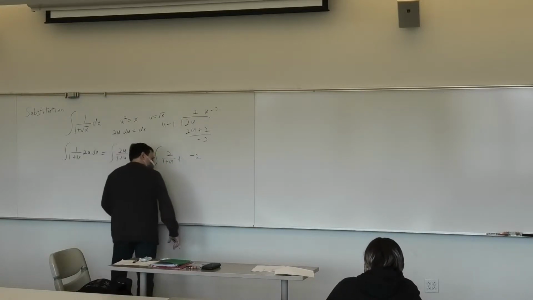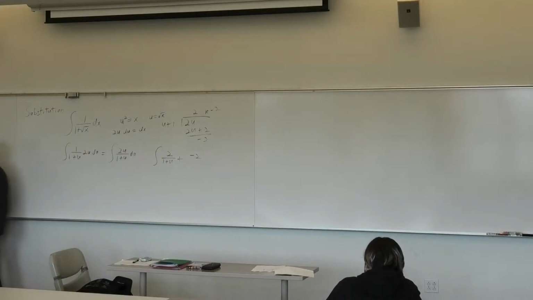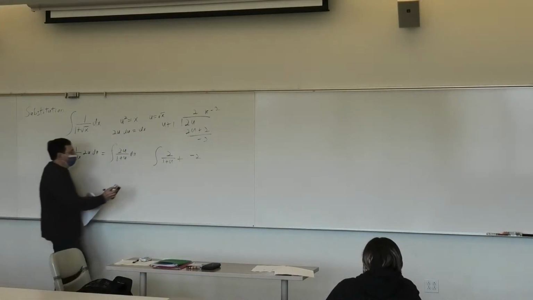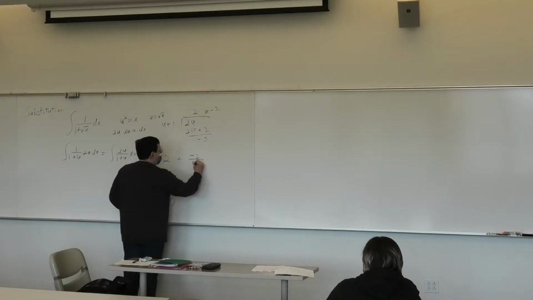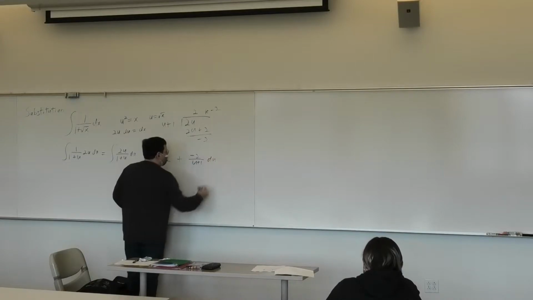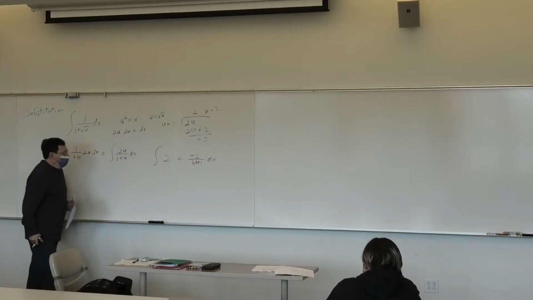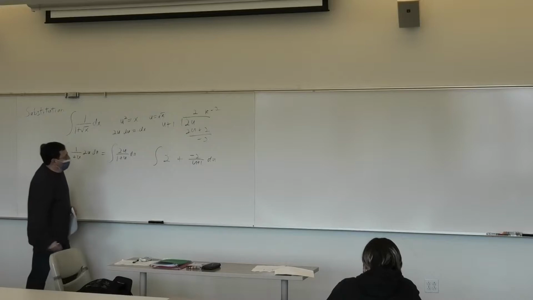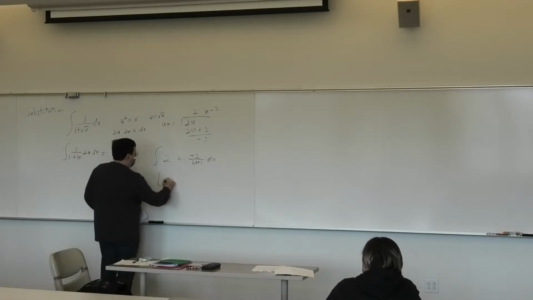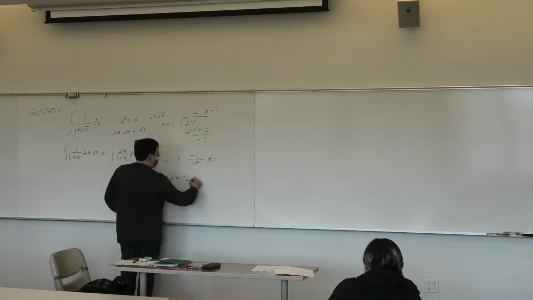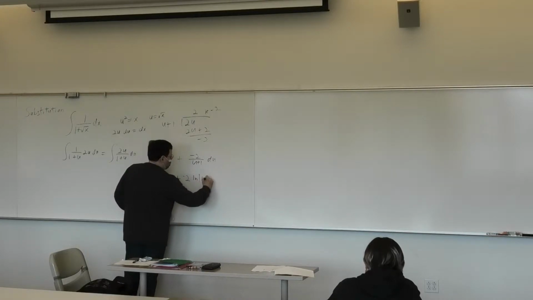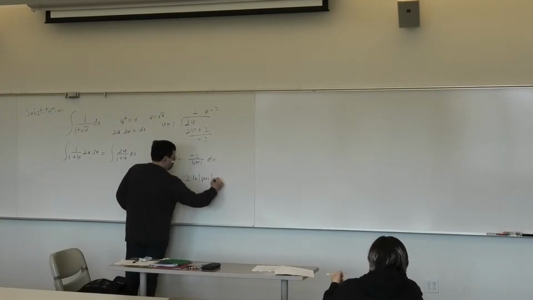Right? Just plain 2. All right, now this is pretty straightforward. The antiderivative is going to be 2u minus 2 log absolute value of u plus 1 plus c.